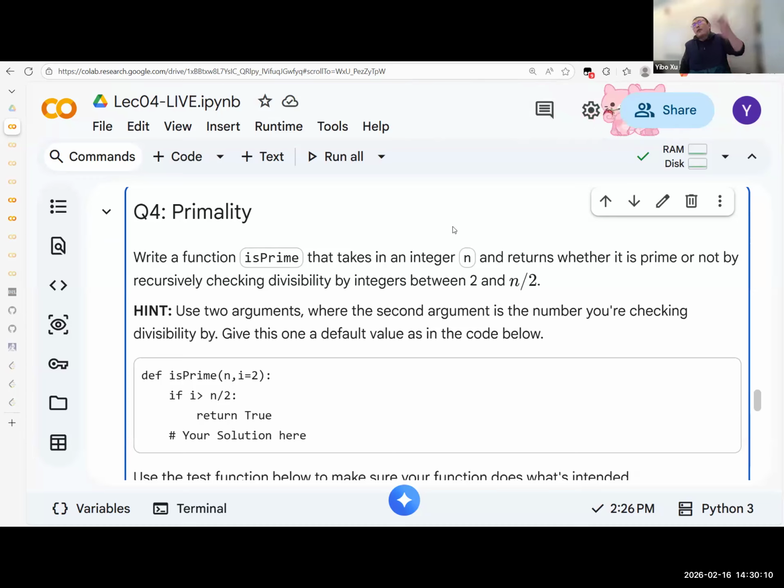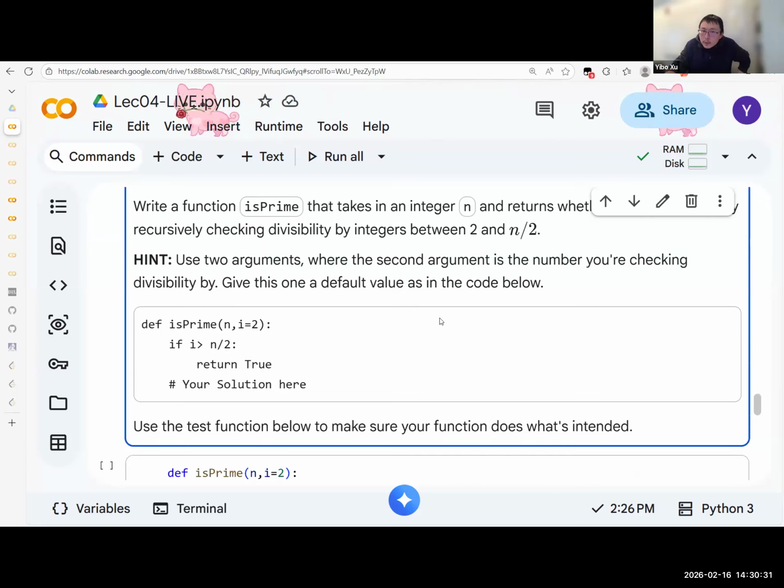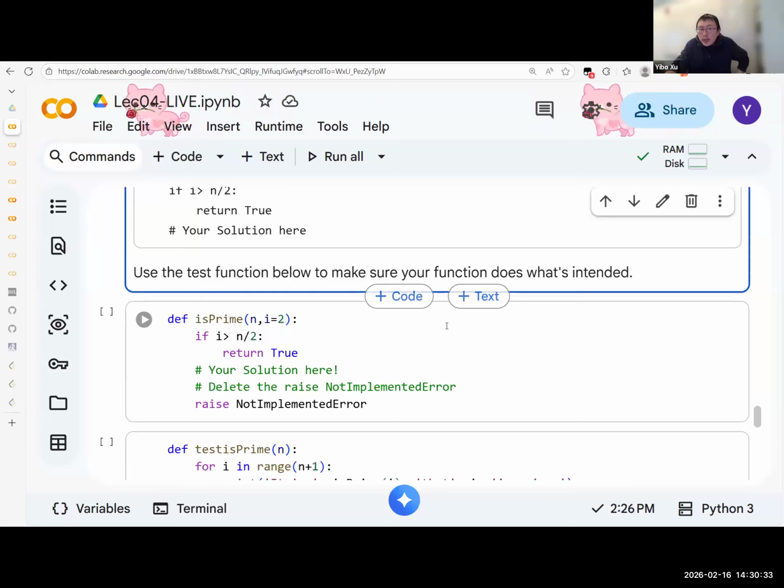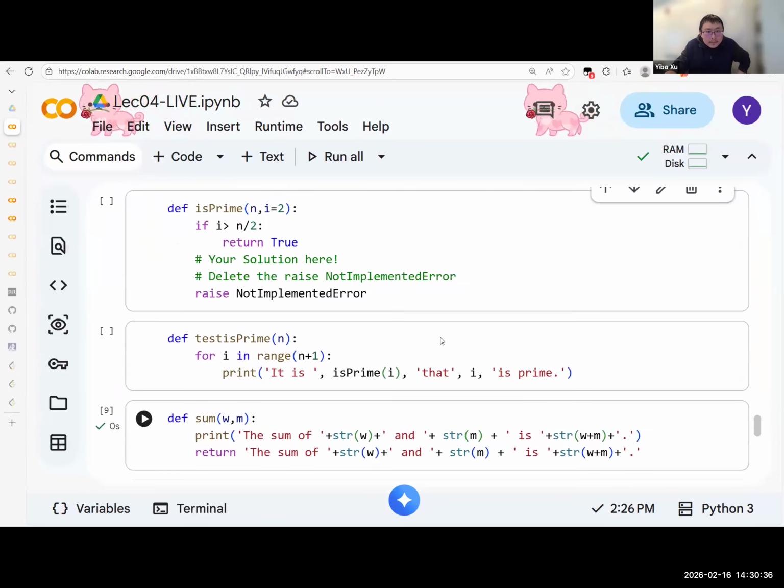Whenever you get a whole number out of the division, you change the status from prime to not prime. At the end, return something. We can talk about it on Wednesday when we come back, but make sure to play with this one.